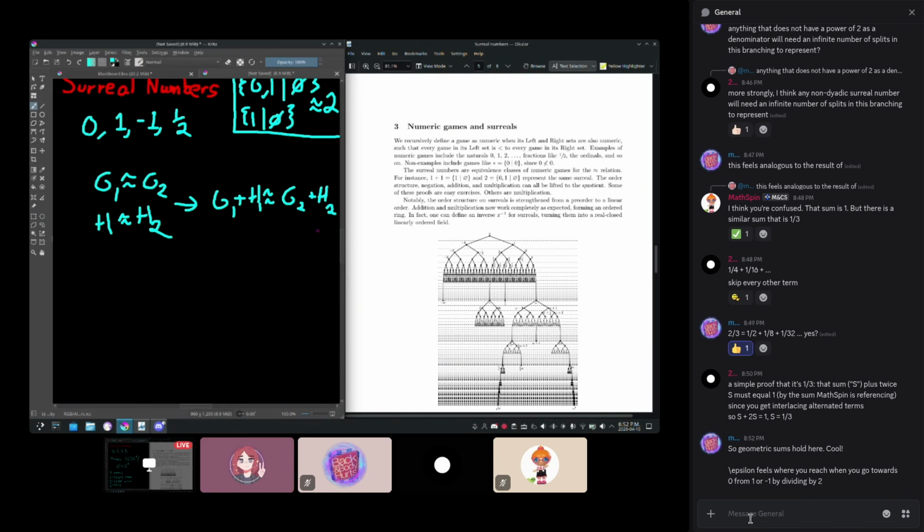So basically, to add two surreals, you can take any two representatives and add them together, and whatever that gives you is going to correspond to the surreal number. In a more categorical way, you can say that addition lifts from the games to the surreals, right?